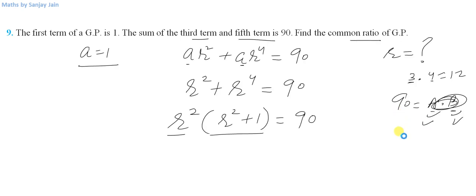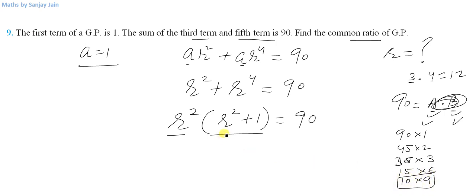So think about factors of 90 like this: 90 into 1, 45 into 2. Then you need to think 30 into 3, right? After that you will think about 15 into 6, right? Then you will think about 10 into 9. Now these are separated by 1.